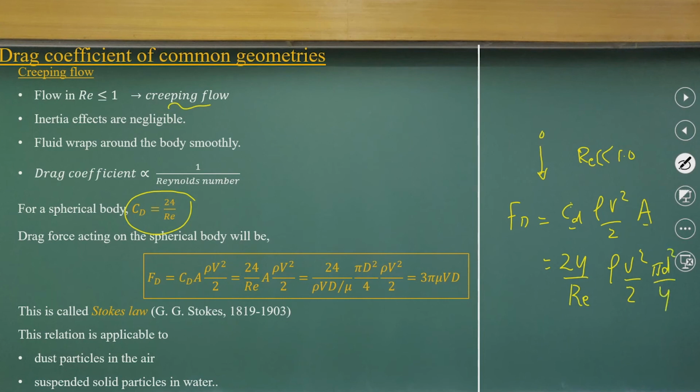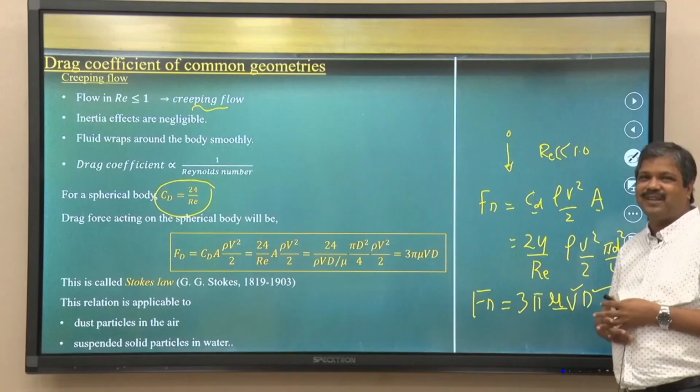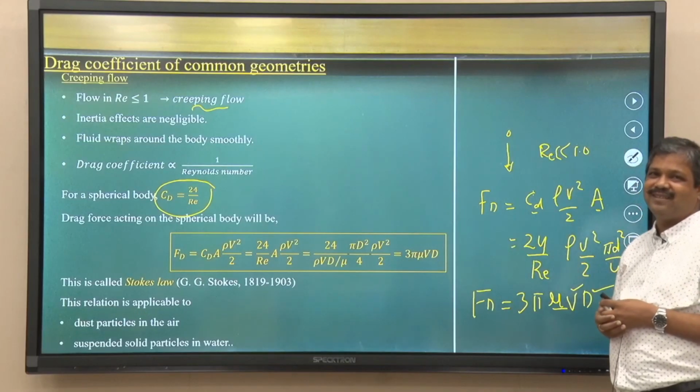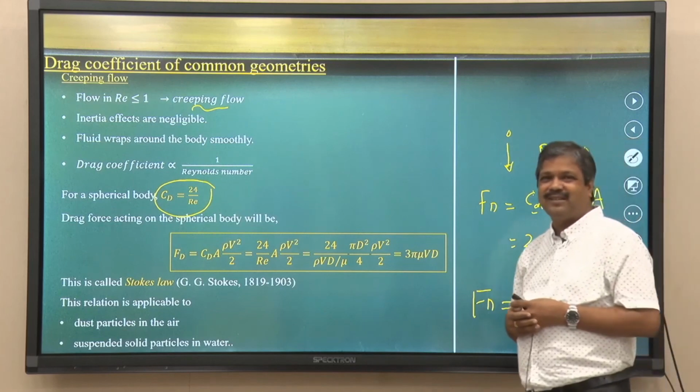Substituting all these, with a simple equation you get the drag force. That means the drag force is directly proportional to velocity, diameter and the dynamic viscosity of the medium in which the dust particles are falling down.